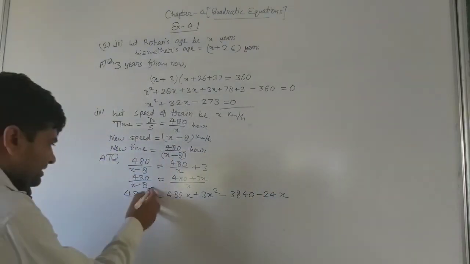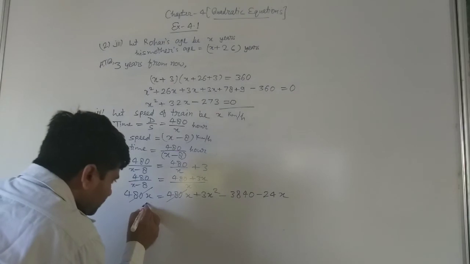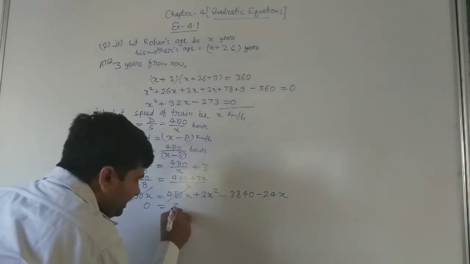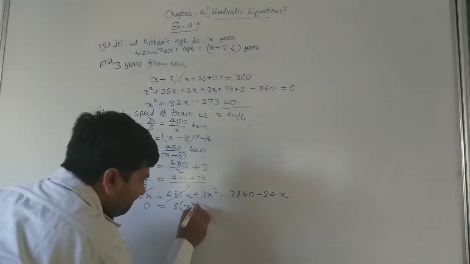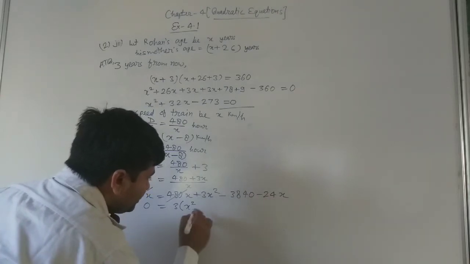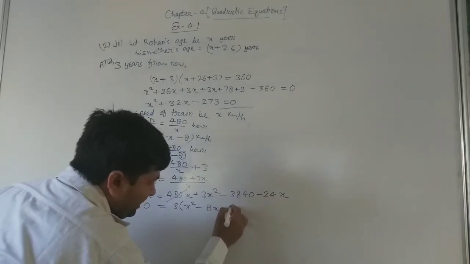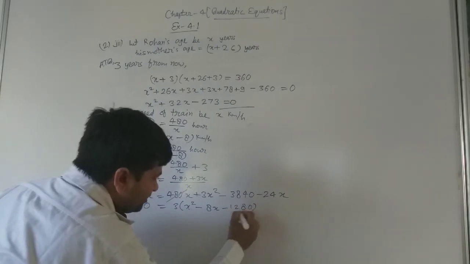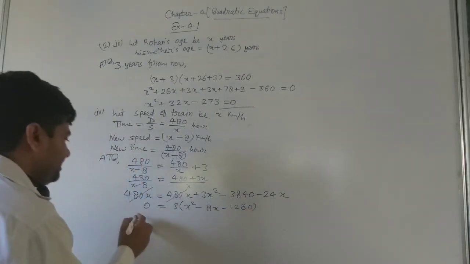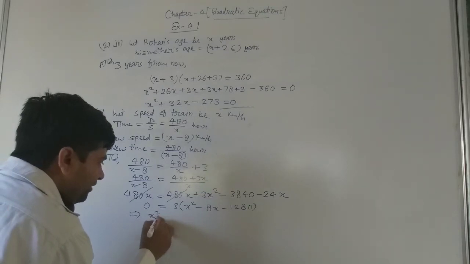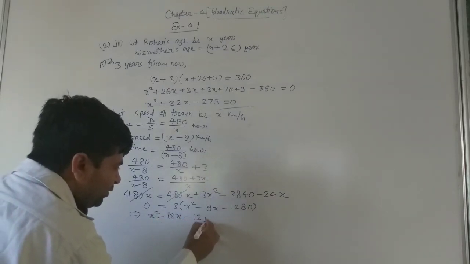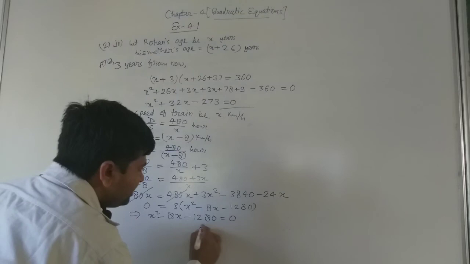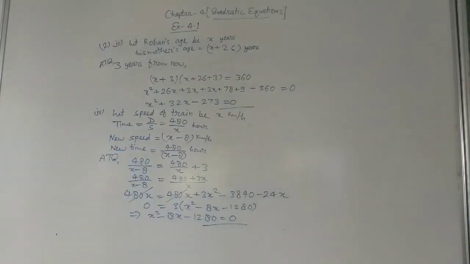Now 480x is cancelled, so it will be left as 0. So 0 equals 3, taking common, x square minus 8x minus 1280. Now 3 goes and we can divide, so x square minus 8x minus 1280 equals 0. So this is your answer. Now this exercise is finished.